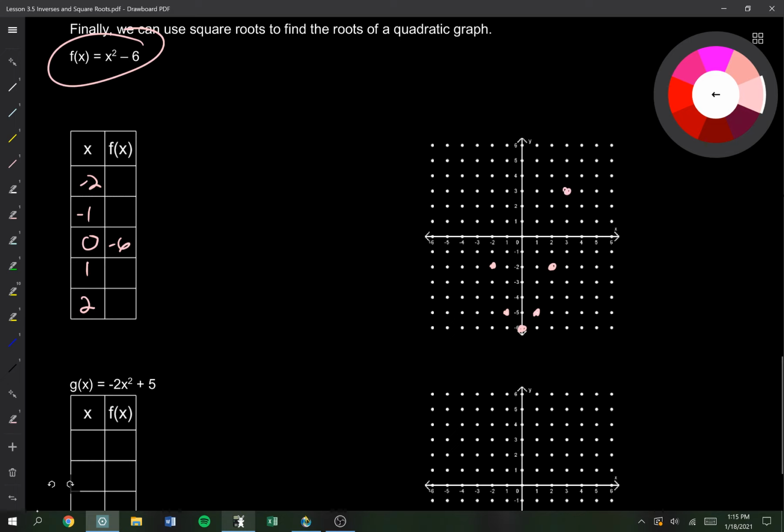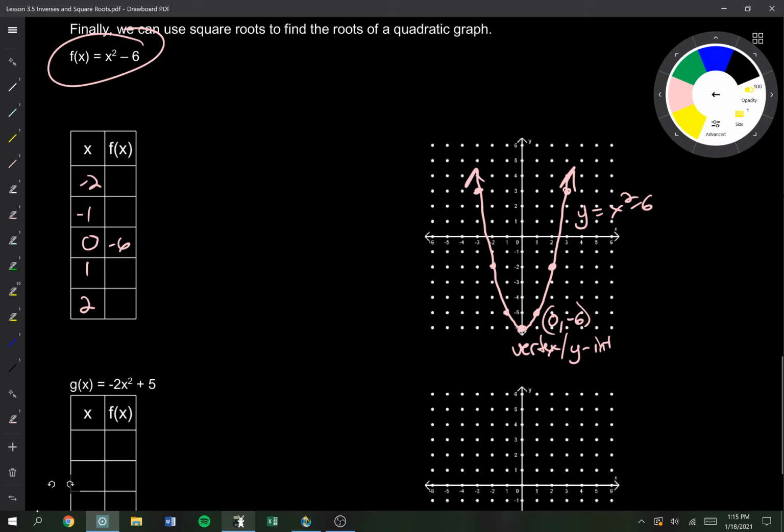I've got a point here, and here. This is the graph of y equals x squared minus 6. Well, we know that the vertex and the y-intercept are right here at the point (0, -6). What we want to find is this root and this root.